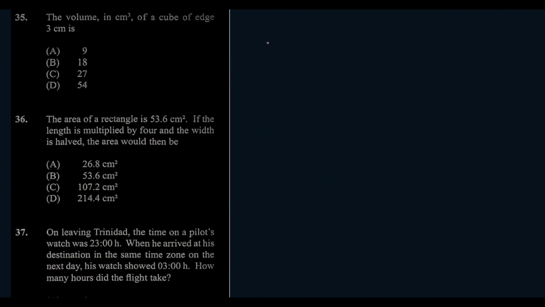Alright, so for this particular one, we said the volume in centimeters cubed of a cube of edge 3 centimeters. So let's try to sketch our little cube here. A cube would be the same size all around. So here would be 3 centimeters, here would be 3 centimeters, and also here would be 3 centimeters.